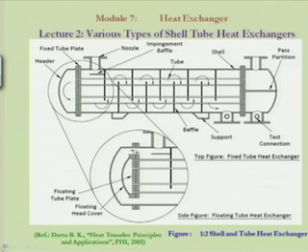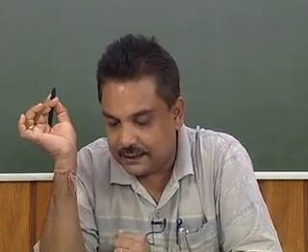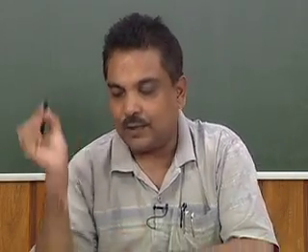If we look again, this part is called a bonnet. Here this is a bonnet, and here this is a bonnet, and we can see that no further nozzle is added to this. So, it is an integral part of the enclosure, and there is no nozzle attached.